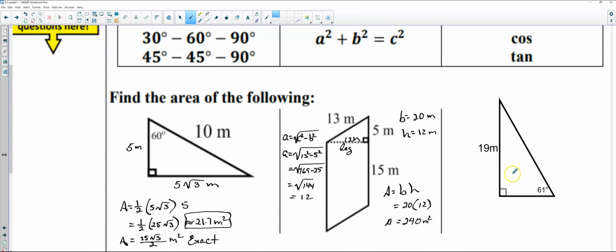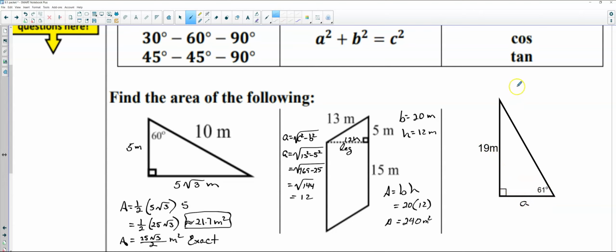And last, they give us this triangle. Notice I only have a side and an angle. Which one do I need? Well, I need the base because I have the height. I don't need the hypotenuse. I need the base right here. Since I'm looking for the base, let's call this A. It's the adjacent, and this is opposite over adjacent, so it's the tangent ratio.